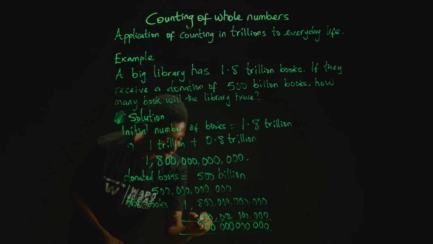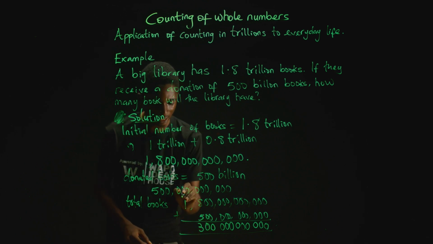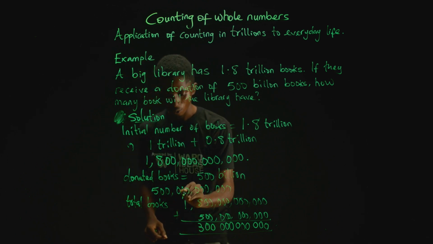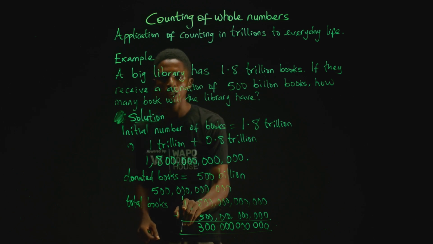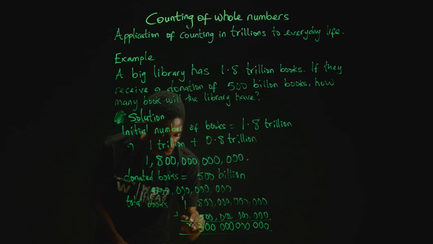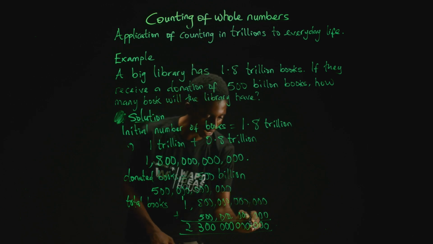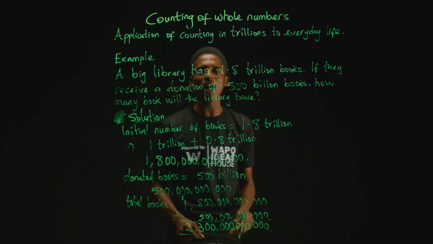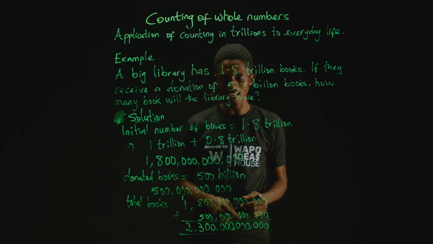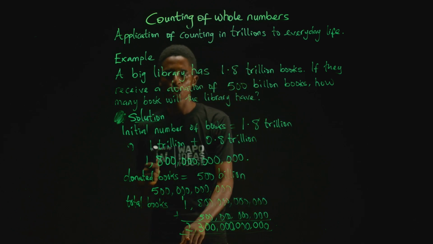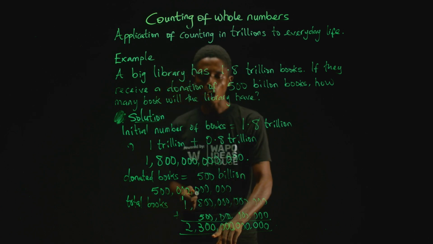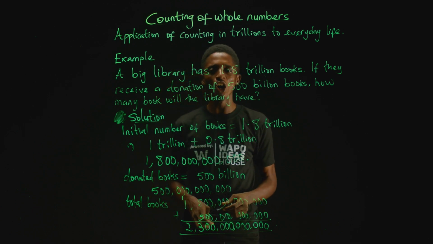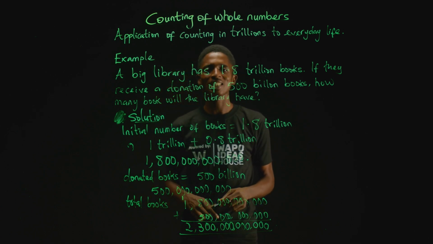So you write 3 and carry the 1. Now, 1 plus 1 will give us 2. Now, group in 3 as we have done here. And we see that the total number of books the library now has is 2,300,000,000,000 books. And that is how it's done.